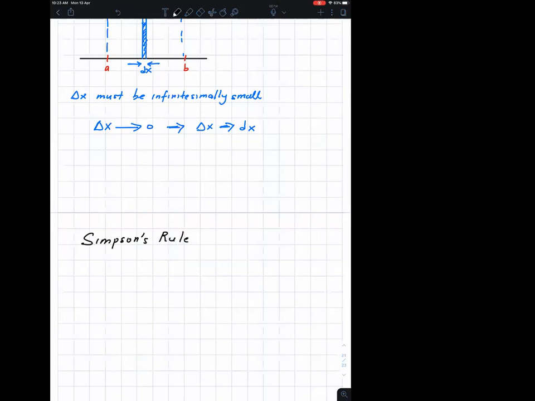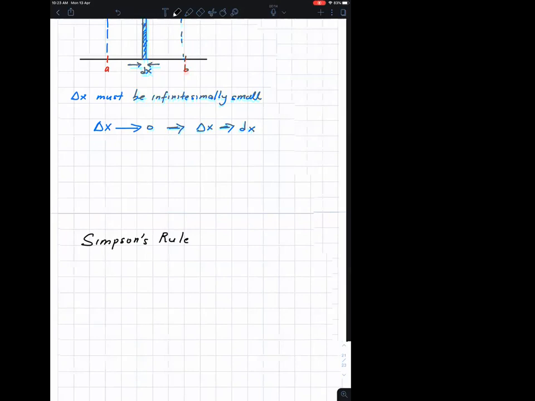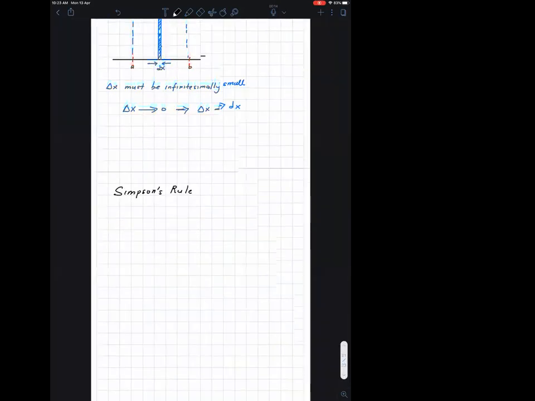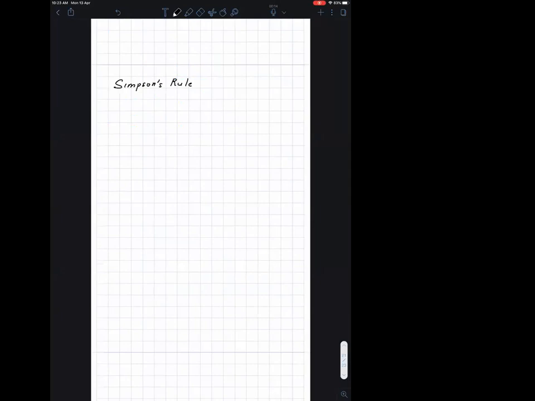Simpson's rule is very simple. Simpson has simplified a formula to do that.